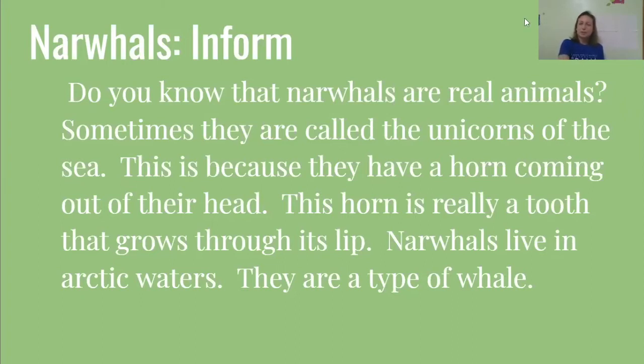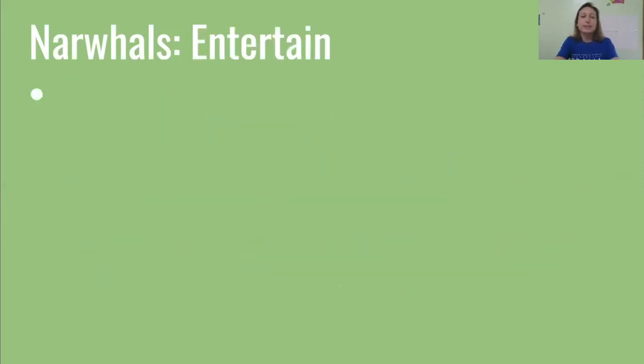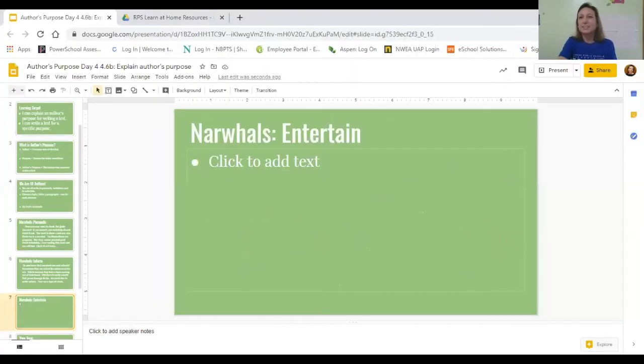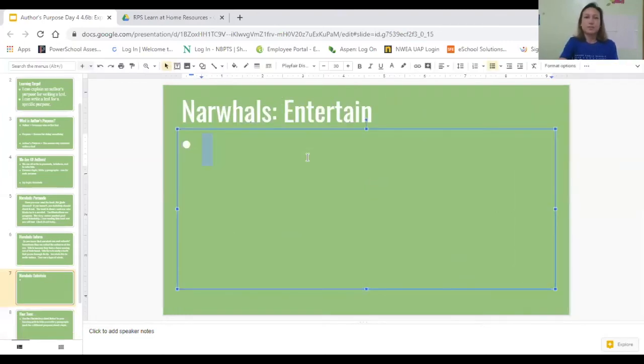So my first paragraph, I was persuading you to read a specific book about narwhals. This one, I was giving you information about narwhals. So persuade, inform, and what's our last purpose? Entertain. So now I am going to think about a paragraph I could write that was meant to entertain.